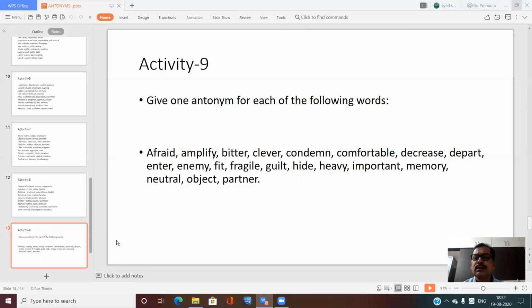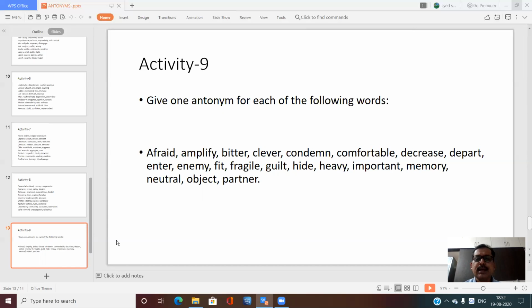Increase, decrease. Depart, arrive. Enemy, friend. Fit, unfit. Fragile, strong. Guilt, innocence.